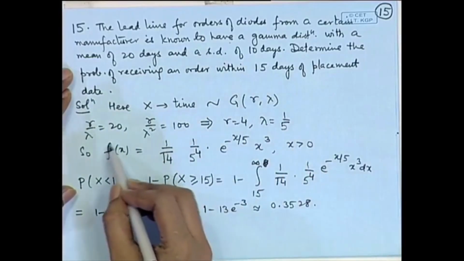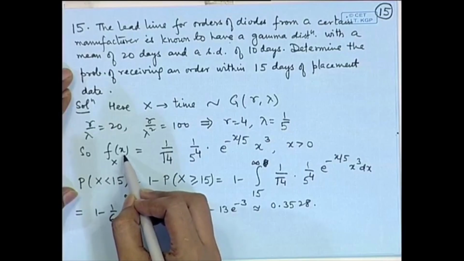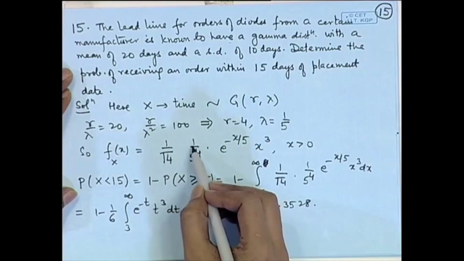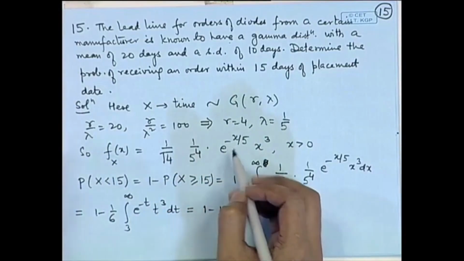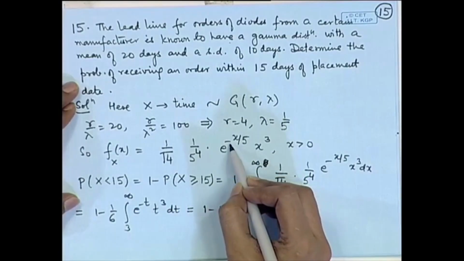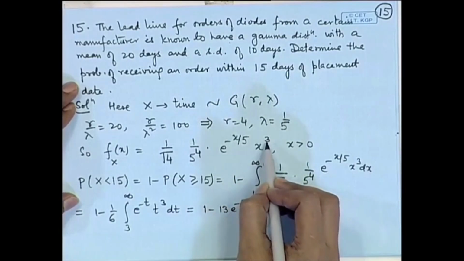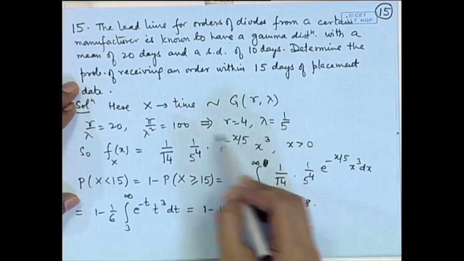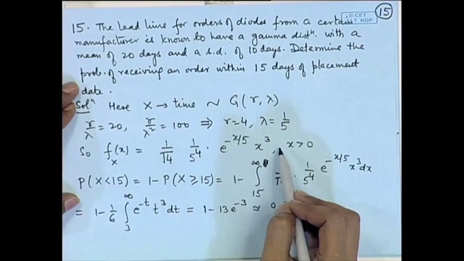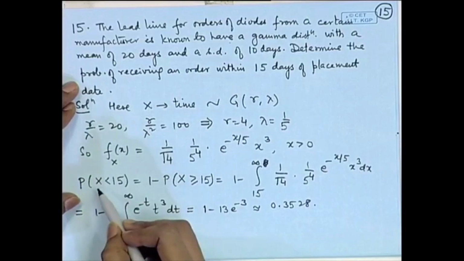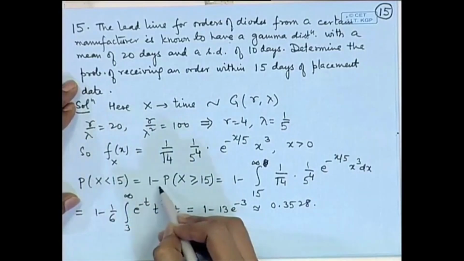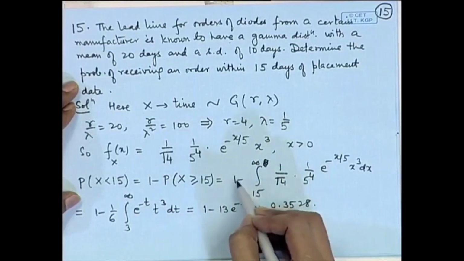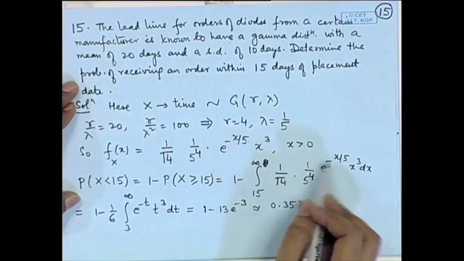So, the probability density function of the time is 1 by gamma r, lambda to the power r, e to the power minus lambda x, x to the power r minus 1. After substituting the values of r and lambda, we get the form of the probability density function. So, the probability that x is less than 15 is 1 minus the probability x greater than or equal to 15, that is 1 minus the integral from 15 to infinity of the probability density function.